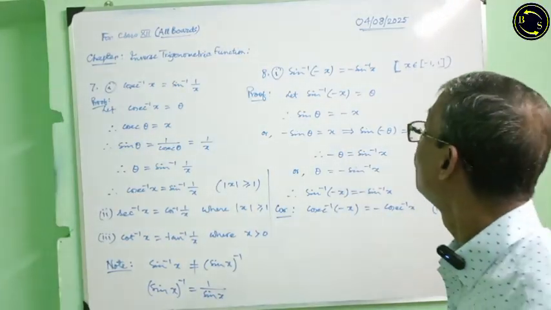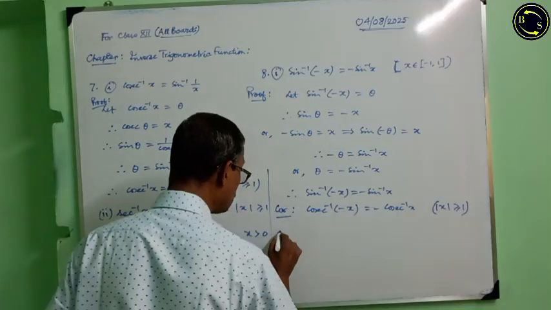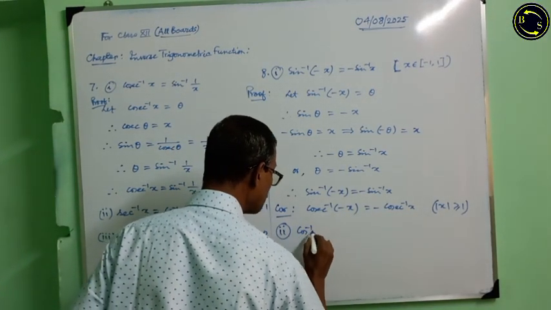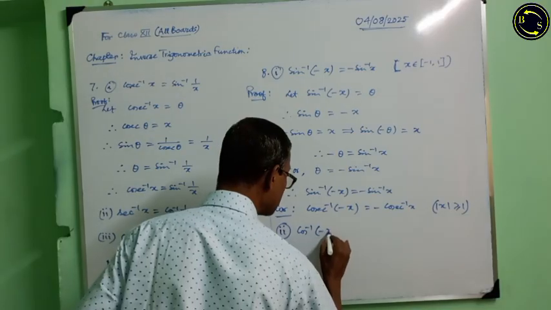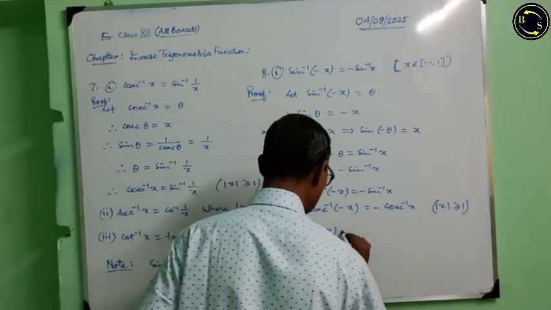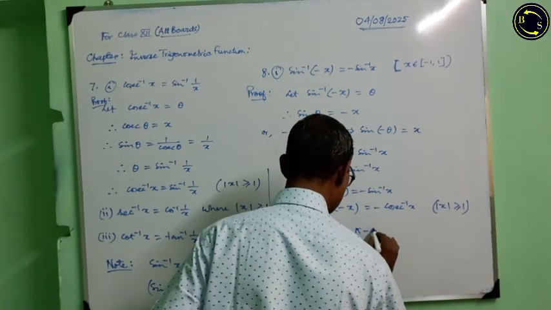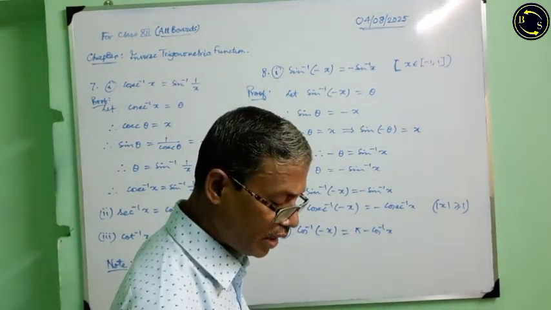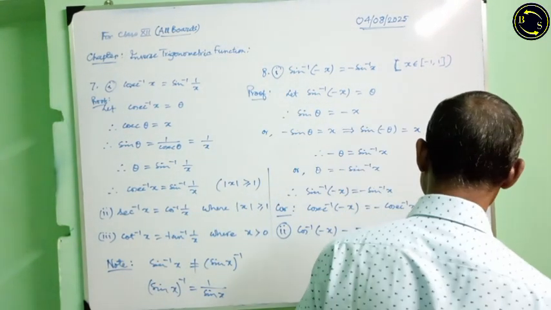Then I call number 2, cos inverse of minus x is equal to pi minus cos inverse x.